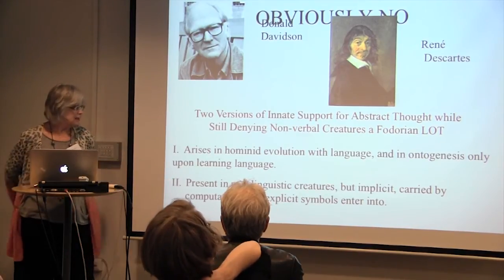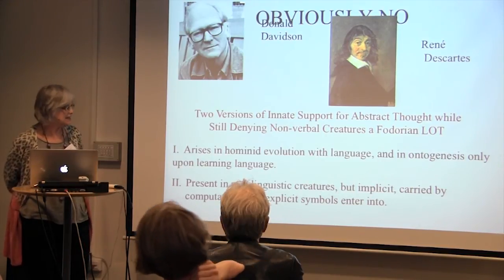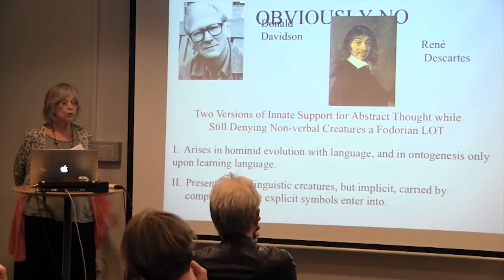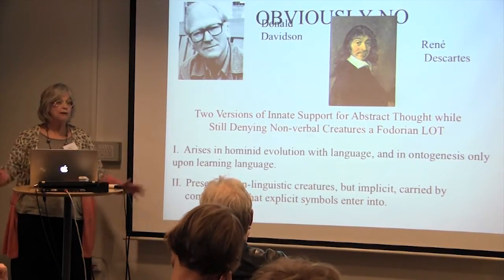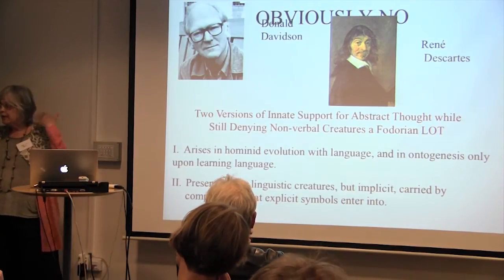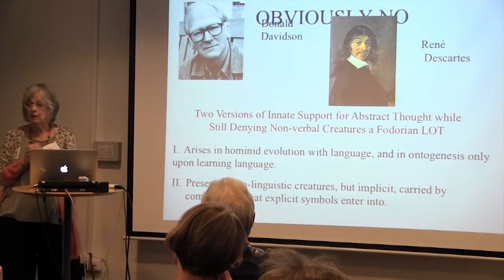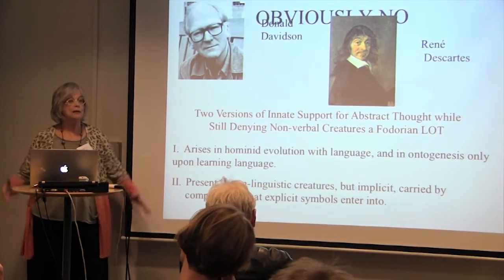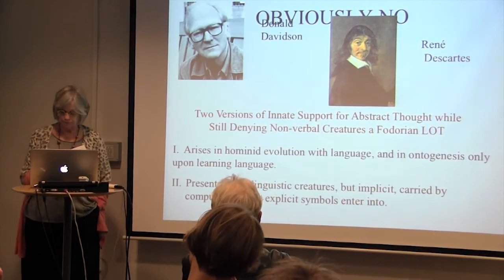Or another possibility is it's present in non-linguistic creatures, both babies and animals, but it's implicit in the sense of carried by the computations that explicit symbols enter into. Okay? Those are two sensible hypotheses. This would say there's no symbols for if, and, or, not, same, different, abstract representations that can articulate proposition-like sentences that babies can represent, but there's logical content given by the computations that explicit symbols enter into.